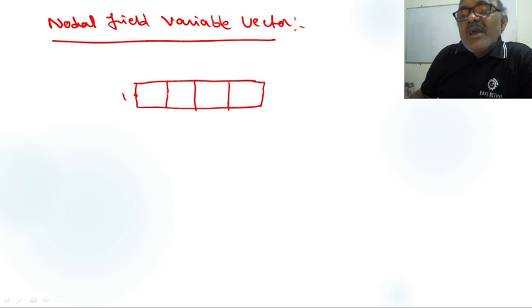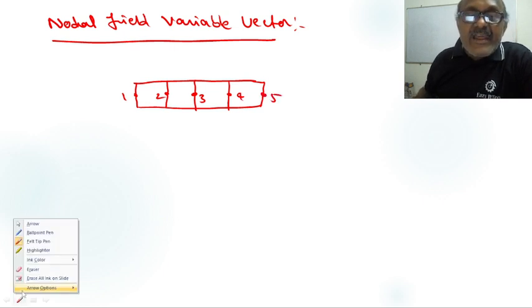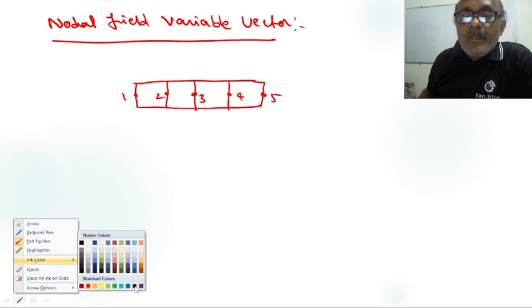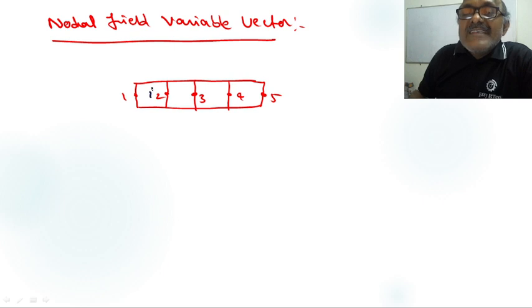Now it is node 1, node 2, node 3, node 4, node 5. I will use a different color for your clarity, my dear students. Now this is element 1, element 2, element 3, element 4.